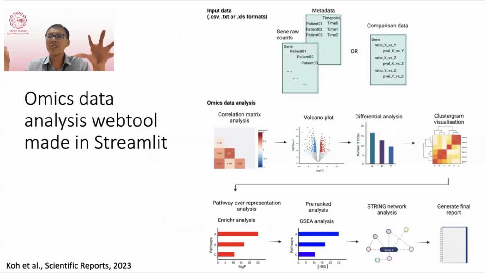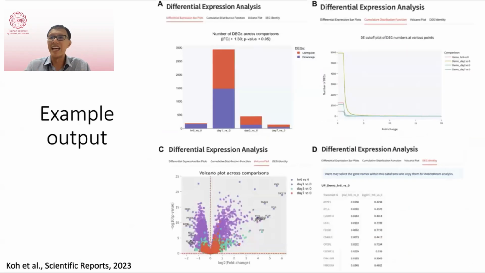You can do multiple different kinds of analysis using a web tool interface. For example, you can plot volcano plots, you can plot differential analysis, and everything will be updated live, depending on what kind of threshold you're setting. It's made so that researchers can quickly upload data and have a sense of how their data looks like before doing further analysis.